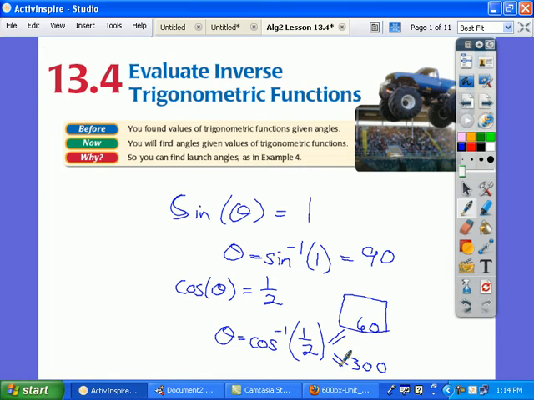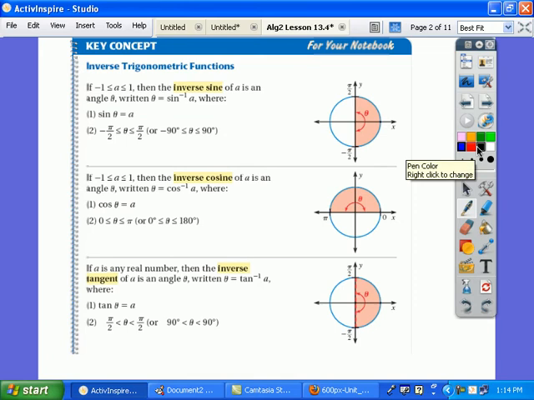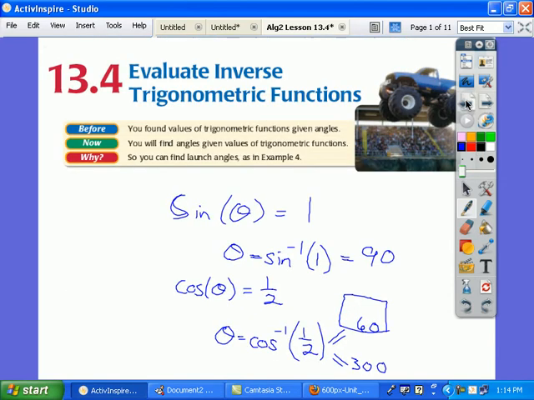So what we do, and this chart shows it, is we restrict the domain. You don't need to necessarily memorize this. You just need to understand why your calculator is only giving you one value out. When you punch in cosine inverse of 1/2, your calculator will only give you one value out, namely 60, even though there are two values that it could give out.